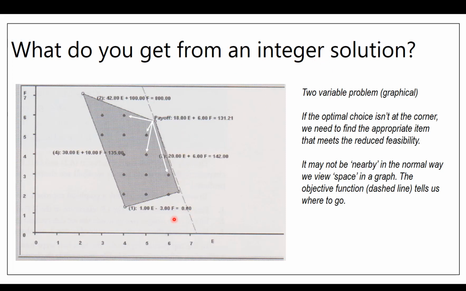We have an objective equation represented by this dashed line, a feasible space represented by this four-sided figure, a quadrilateral, and it has this corner point, and so the payoff as you move out to the right hits this corner.